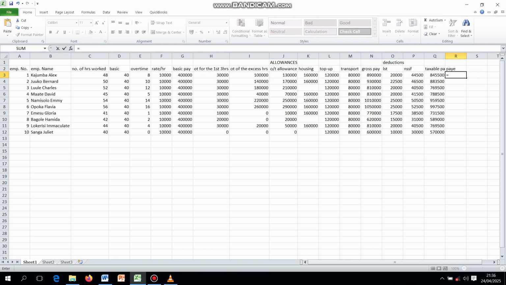Then I'll open the bracket. Then I'll use the taxable pay. Then I'll say if it is less or equal to the value which was given, 235,000, I'll put a comma.